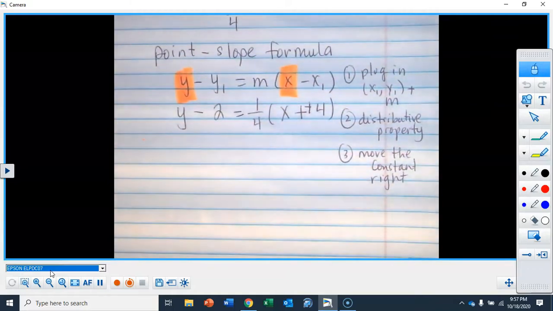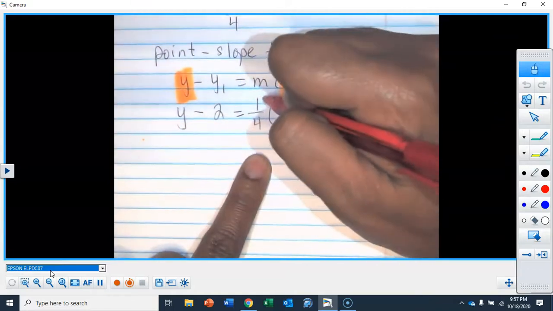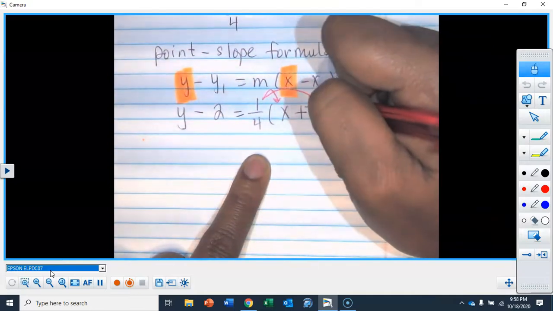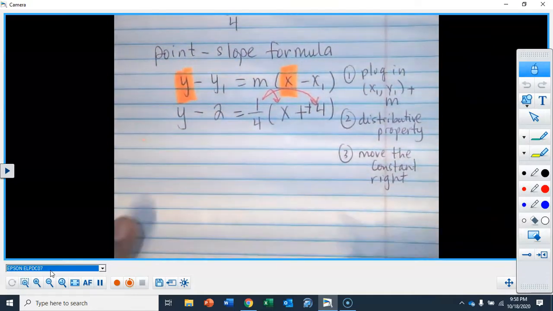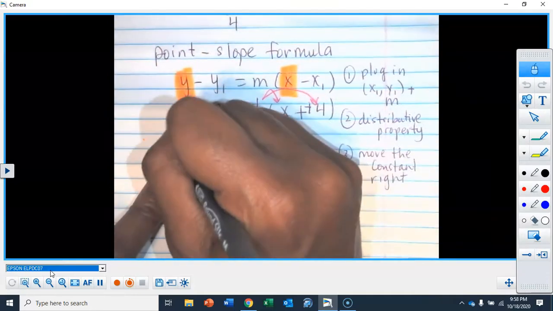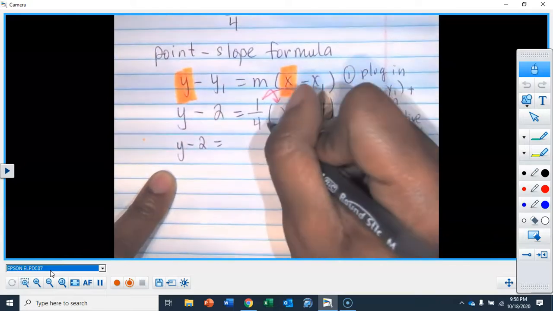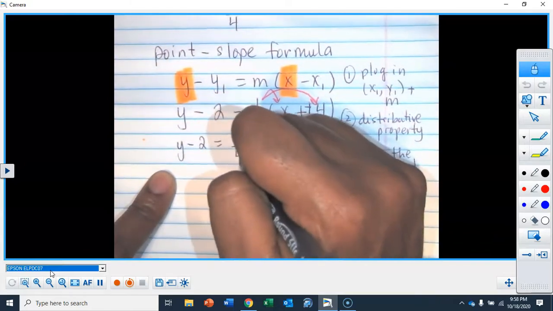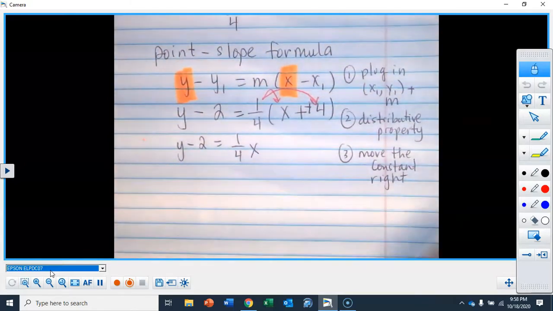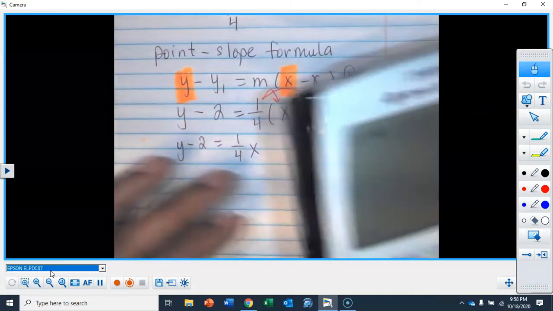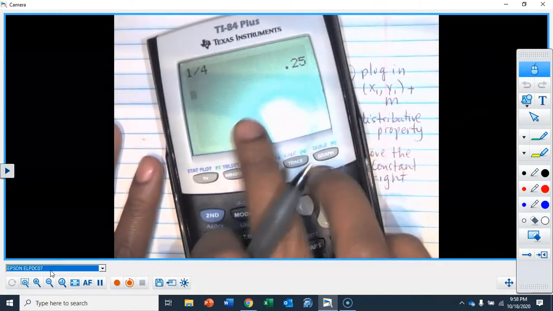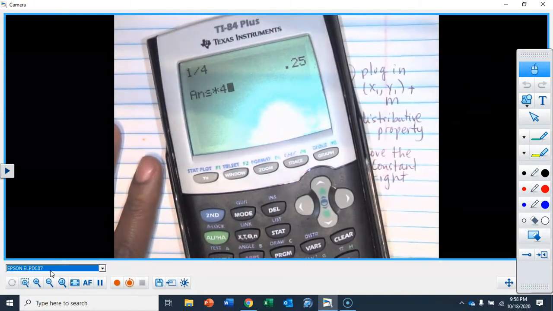All right, so here's what I'm going to do. Ready? I'm going to do the distributive property. So 1/4 times x, 1/4 times positive 4. I do not do anything on this side. So I'm going to do y minus 2 equals 1/4 times x is 1/4 x. Now, you can use your calculator. And so you're taking the 1/4, which is the 0.25, and you're timesing it by 4.